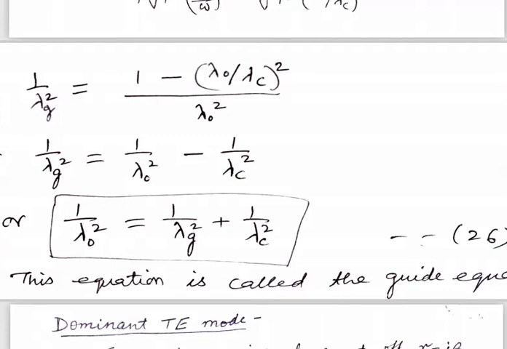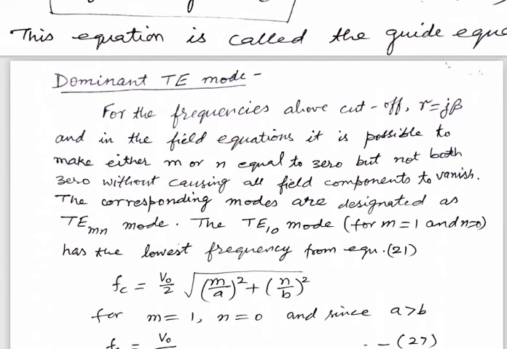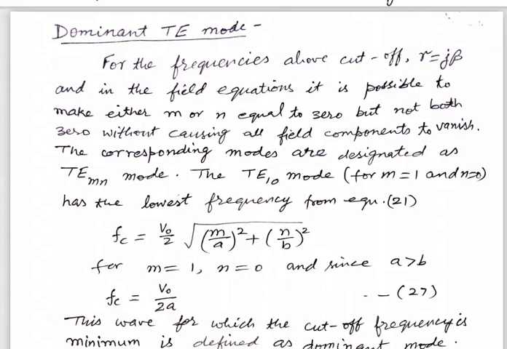Now we define the dominant mode. From the expression of the cutoff frequency fc, which is equal to v0 upon 2 root of (m upon a) whole square plus (n upon b) whole square, here a and b are the waveguide dimensions.